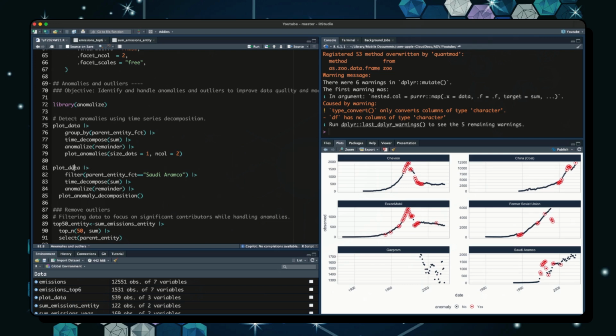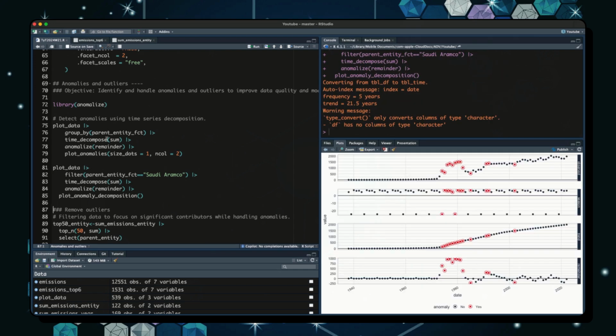Just before going to the next step, the Anomalies package gives us another way to look at our data. We can specify one of the entities that we want a closer look at, and we can apply the same two preprocessing components, time decompose plus anomalize, and choose plot anomaly decomposition here instead of only choosing to plot anomaly. And we have 4 other ways to view the values.